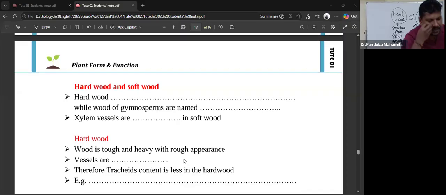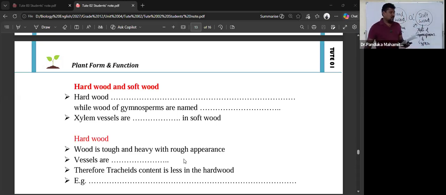Right. Hardwood and softwood. Hardwood is the secondary xylem of dicot angiosperms, while the wood of gymnosperms is named softwood.